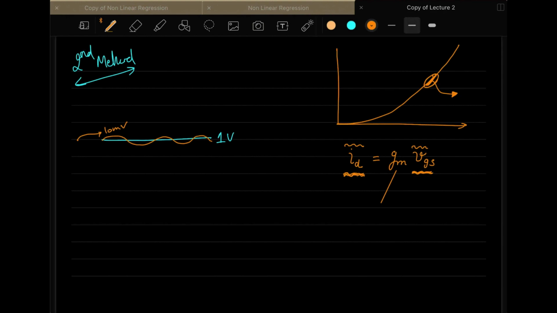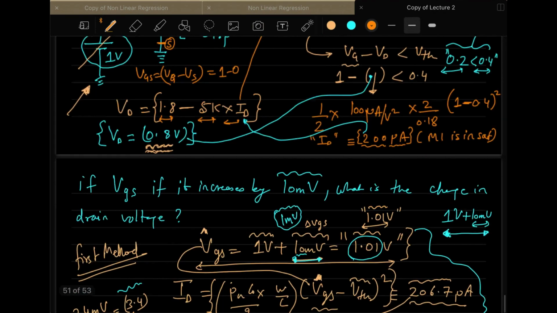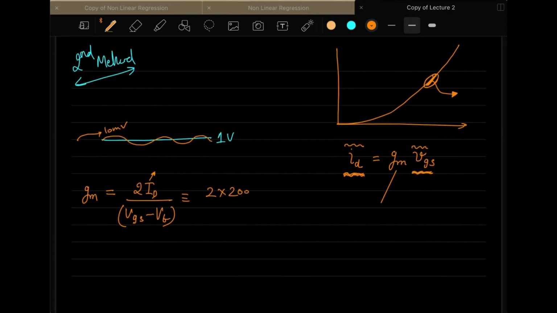We have already given you a list of different ways of calculating gm in our last lecture. If you take any one of them, let us take 2 ID over VGS minus VT. If you substitute the current value of ID, which is 200 microamperes, and the value of VGS minus VT, which is 1 minus 0.4, what you get is 666.6 something microamperes per volt.